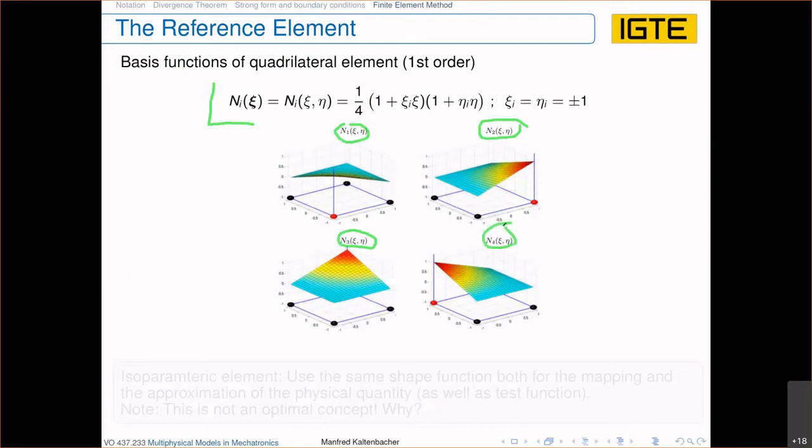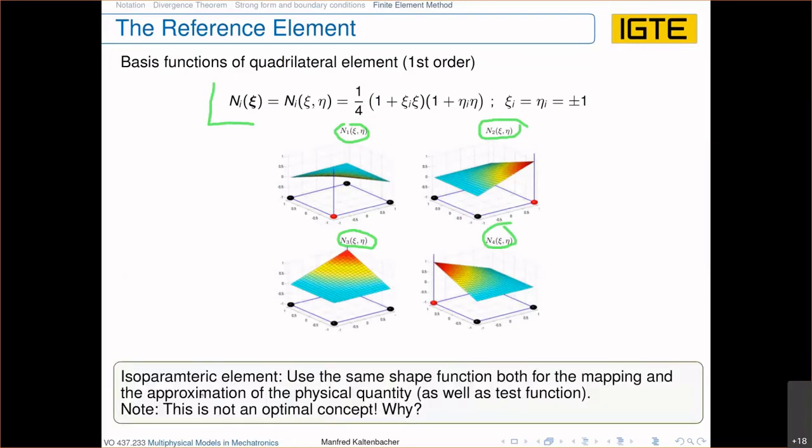Okay, so these are actual now interpolation functions, sometimes called shape functions. We can also call them basis functions in this sense when we also use these functions for approximating our physical quantity, which was in our case the u.